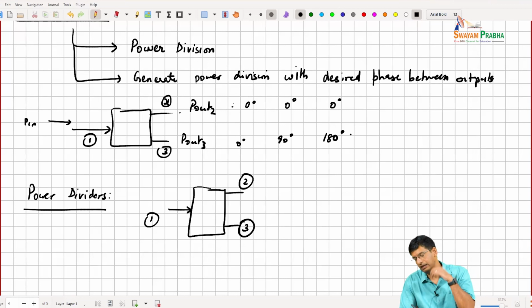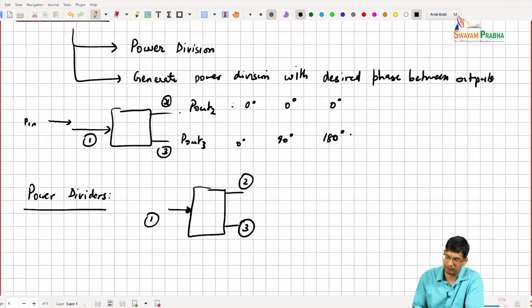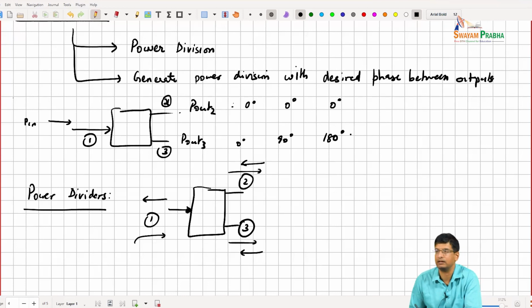And typically we think of these circuits as reciprocal, which is that if I apply an input to P in, it's going to split into P out 2 and P out 3. But if I'm applying input power to port 2 and port 3, they're going to get combined in port 1 and come out as well.